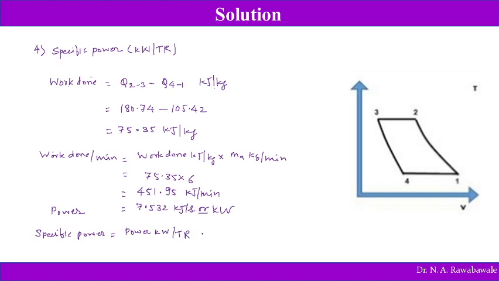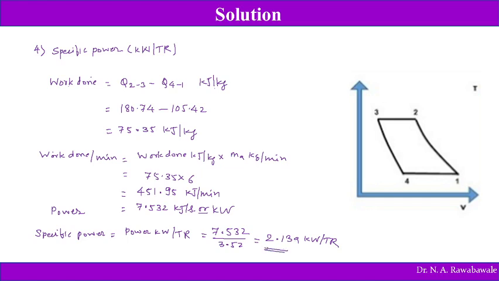Power in kilowatt is known, 7.532 kilowatt, ton of refrigeration is 3.52. So on dividing this by 3.52, we get 2.139 kilowatt per ton of refrigeration. This is the specific power in this problem.